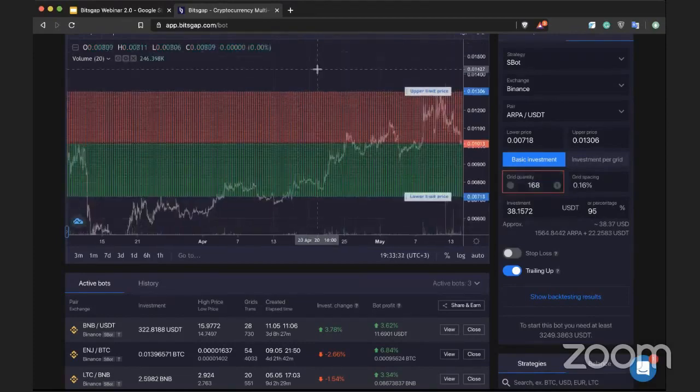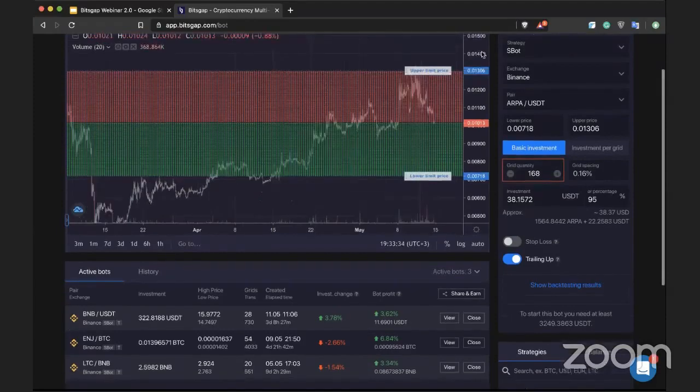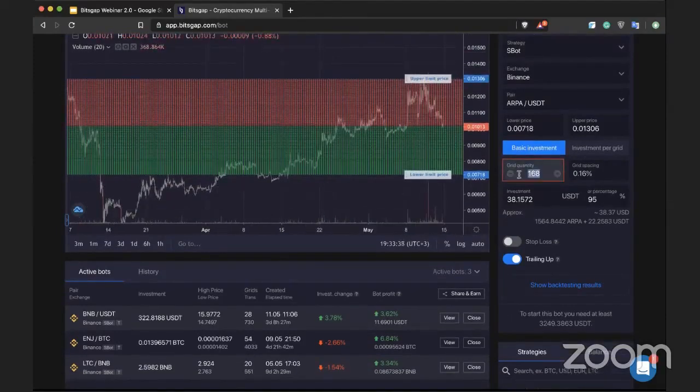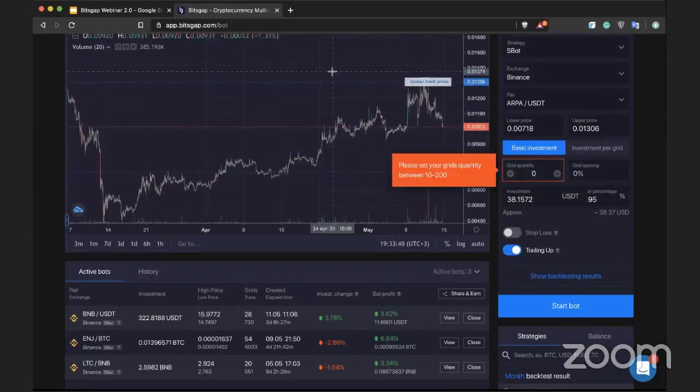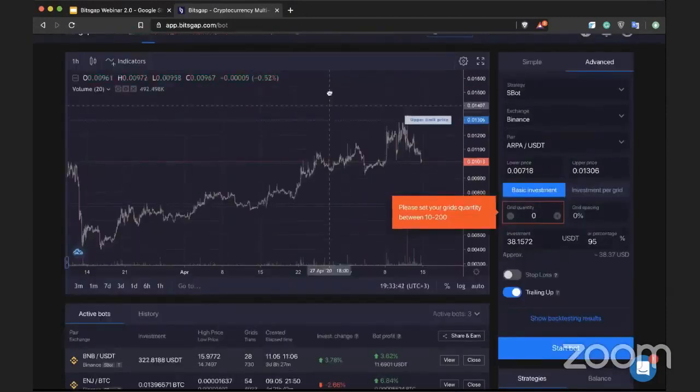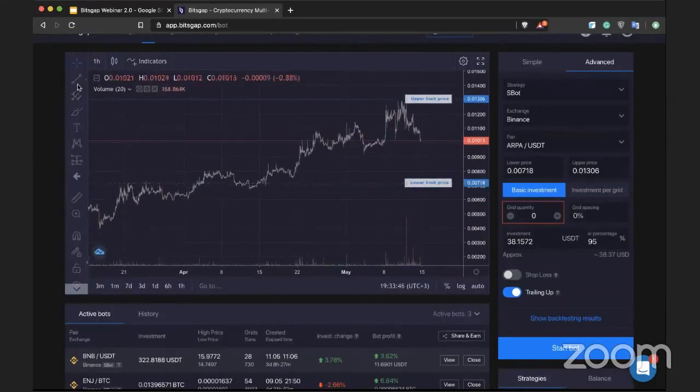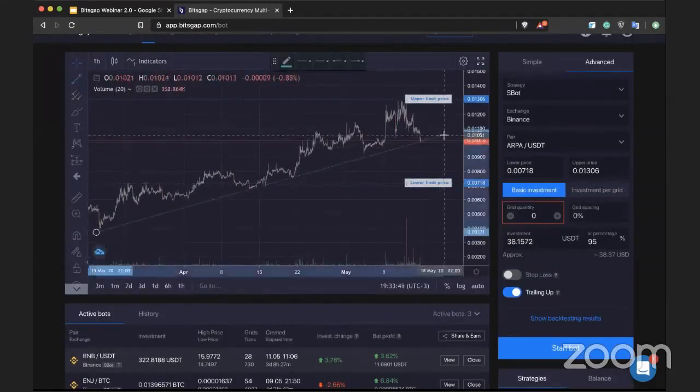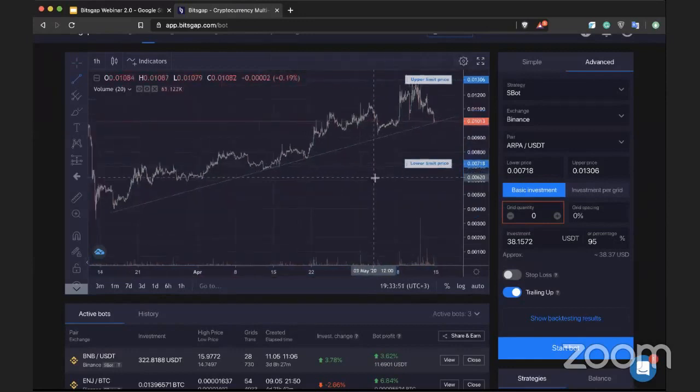So as you can see, the market was moving upwards. And if we remove all of the grid levels just to make a clear chart, you can see that if we apply some technical analysis, the price was respecting the support level, and all of them were quite sustainable, so that each time the price moved towards the support level, it bounced off this level.